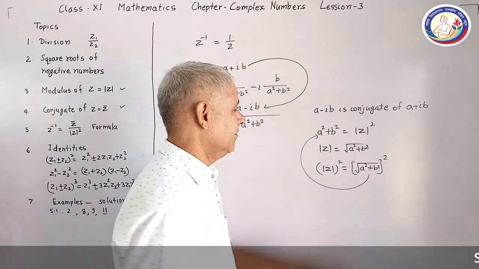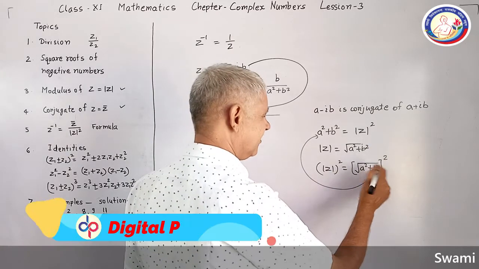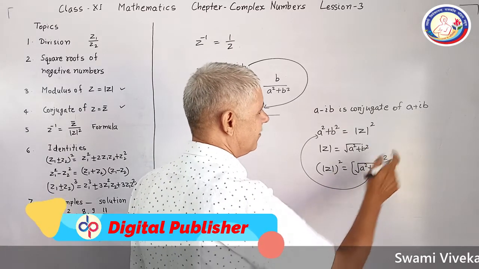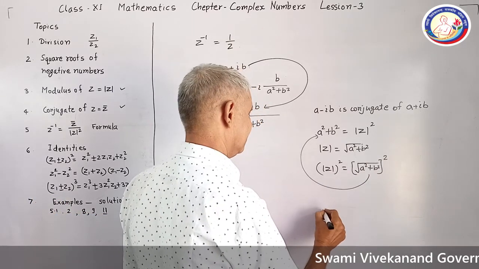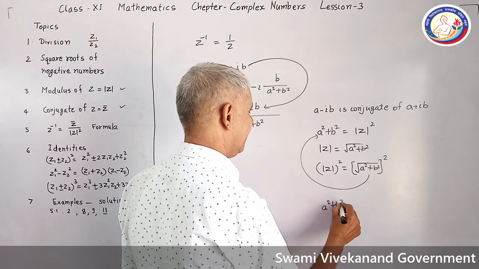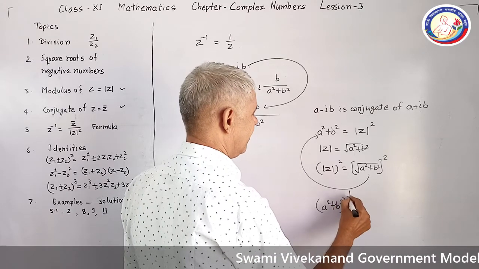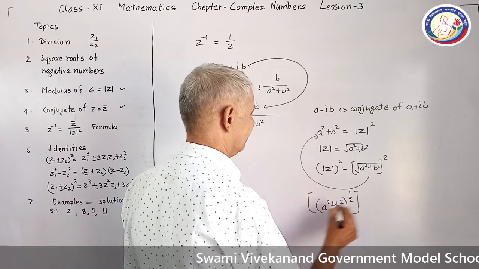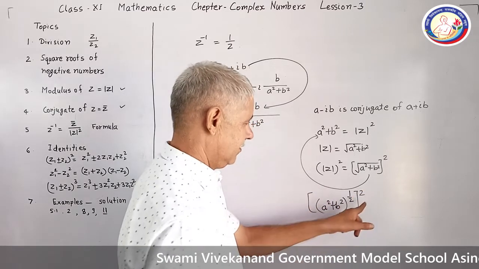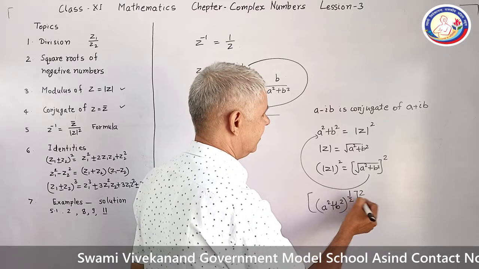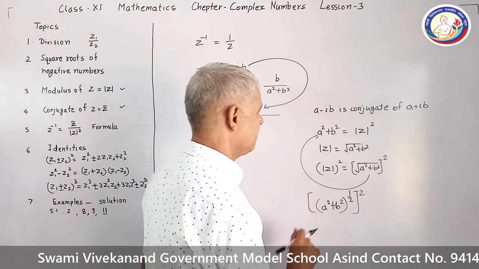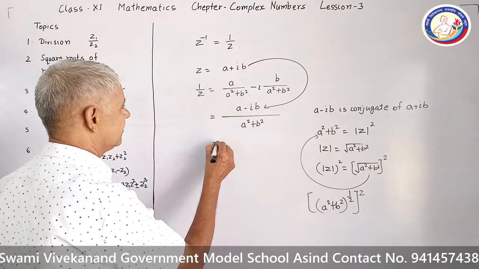On squaring, the double of half power, it can be written as a square plus b square raised to power half, and that whole power 2. So if indices are multiplied, then these will cancel and we will have power 1. So we can replace this.